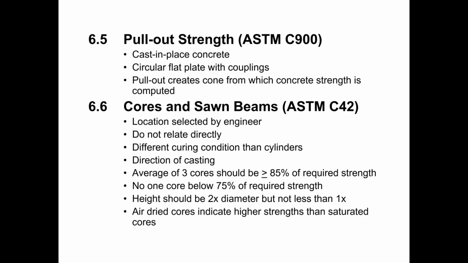Just like for our cylinders, the aspect ratio is generally 2. The height is twice the diameter, and so we want to keep the same aspect ratio for our cores. However, we can have an aspect ratio less than 2, but definitely not less than 1. So at a bare minimum, the length of the core should be equal to or greater than the diameter of the core.